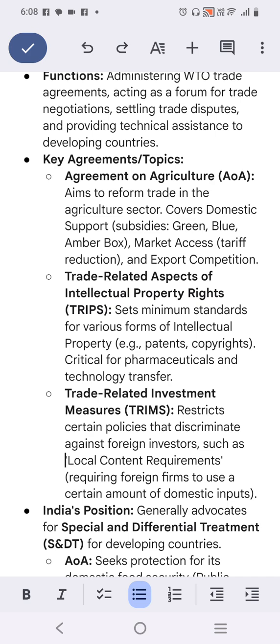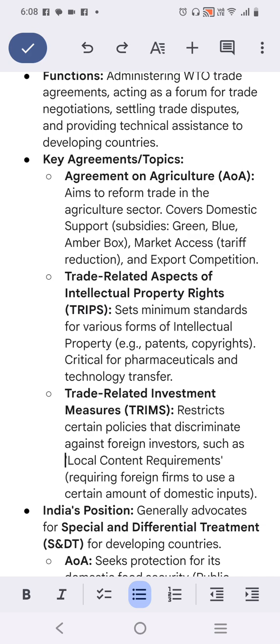Copyrights are meant for anything which is written, like books and architectural designs, which cannot be copied. So the right to copy is with the publisher, or the producer of that particular product. Like in films and the music industry, you have copyrights.